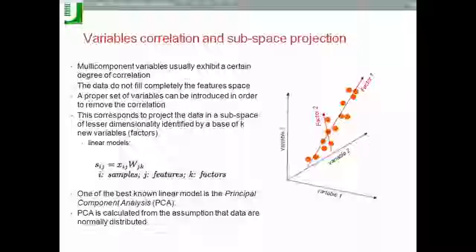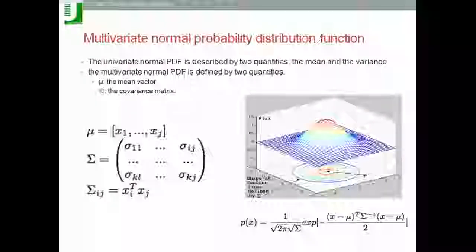For instance, for linear models, it is just a projection from one basis to another. This means finding a different basis where it is possible to decorrelate the variables and then to reduce the dimensionality. Principal component analysis is just one of these methods. This one is probably the best known, and also the method with the most consequences in terms of interpretation of the multivariate data.